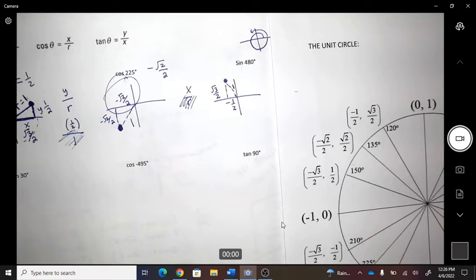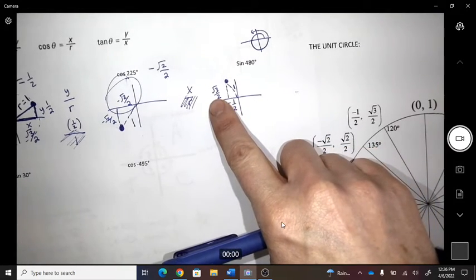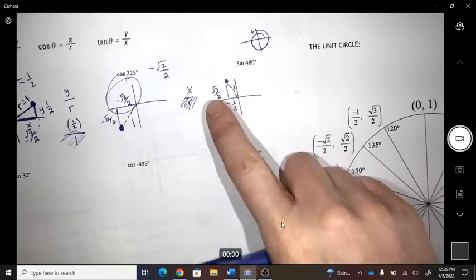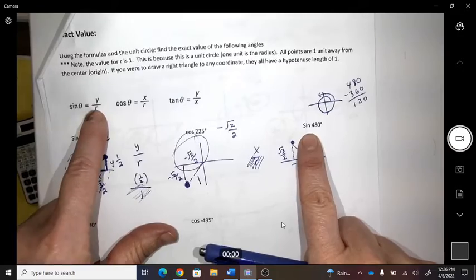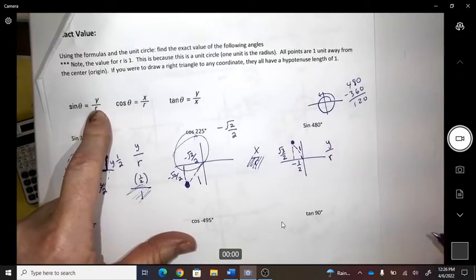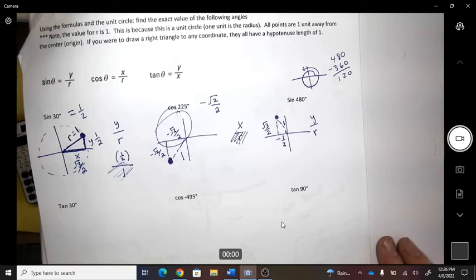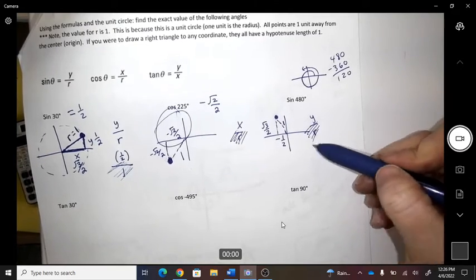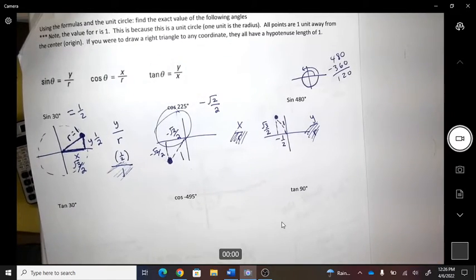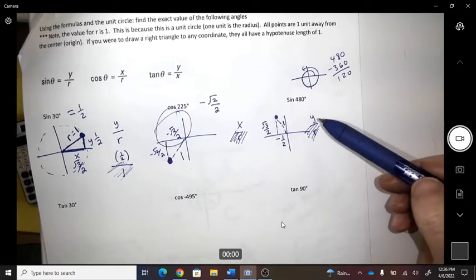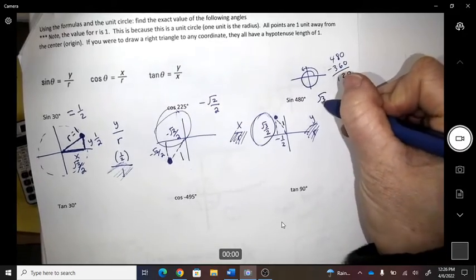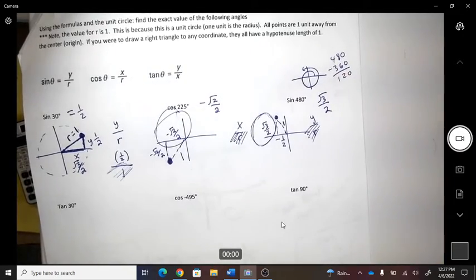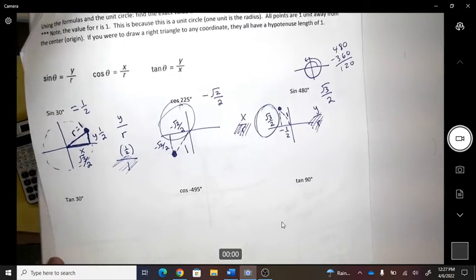By the way, I could do this squared plus this squared, but it will come out to 1. Okay, how do I find the sine of something? Y divided by r. And in this case, I already know that there will be a divide by 1. So I want the y value. That's my answer. Okay.